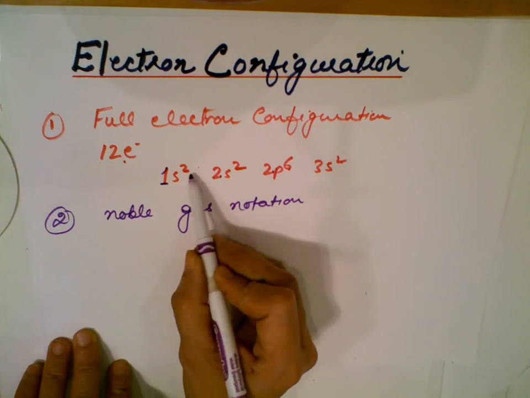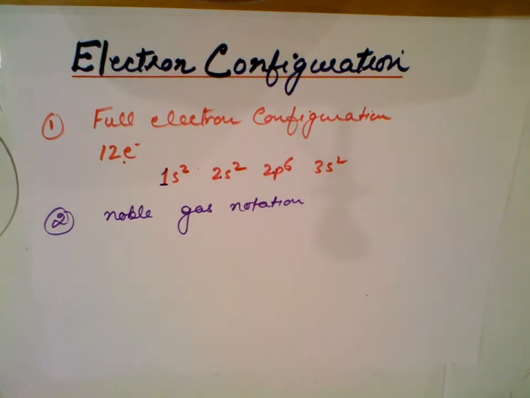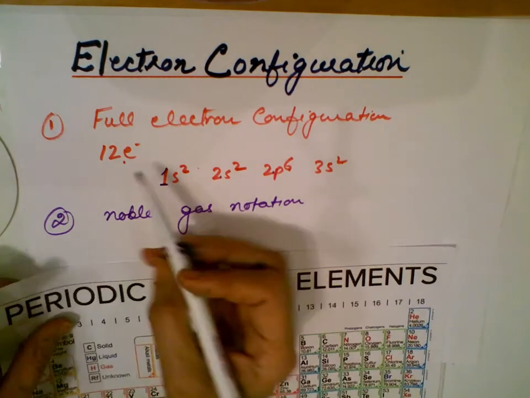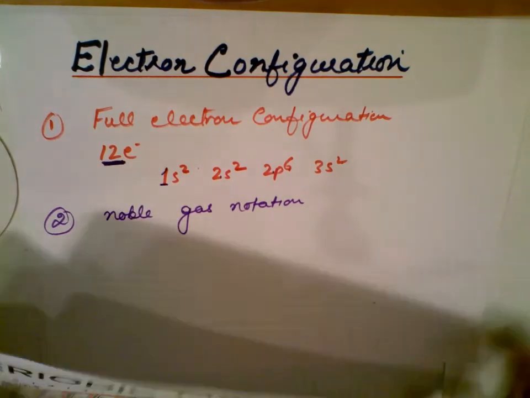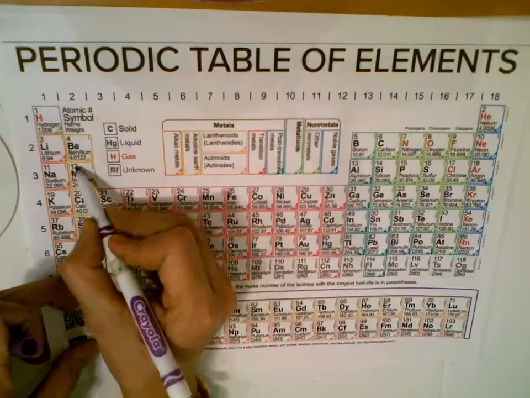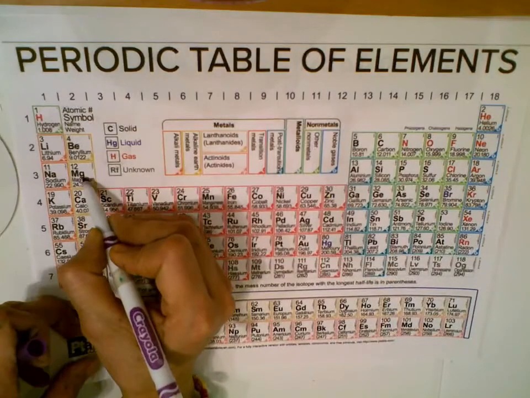So here, on the periodic table, instead of writing the electron configuration for this element, first of all, what is this element? 12 electrons. We look here, 12 electrons is for magnesium. So now I know it is magnesium.